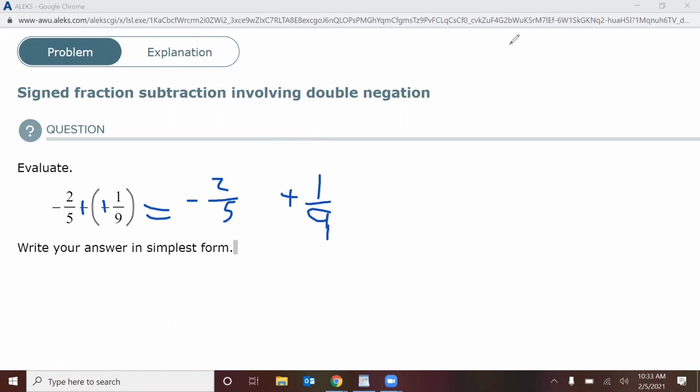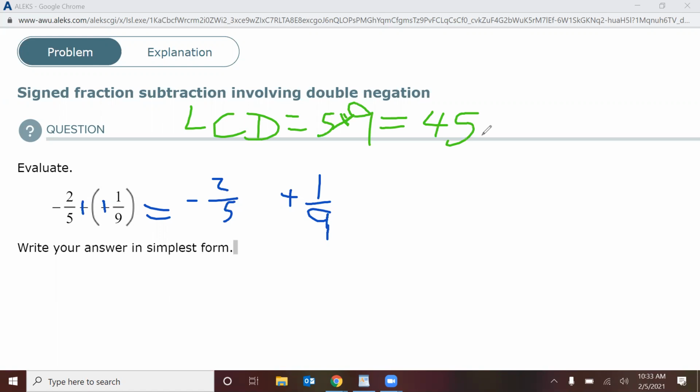Now I just need to add the fractions. In order to do that, I need to have common denominators. So what would be the least common denominator? The smallest thing that they both divide into is 45.